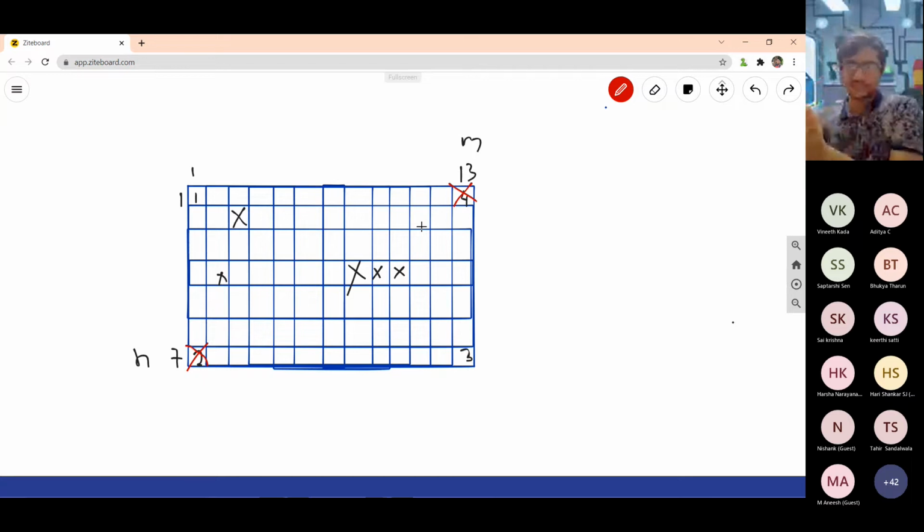Now consider the set of moves that I used to go from white to this particular state. Consider what would happen if I apply the same set of moves to this particular grid, the combination of 1 operation and 3 operation that would have cost me something like k rupees.